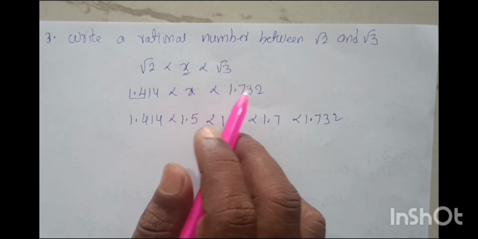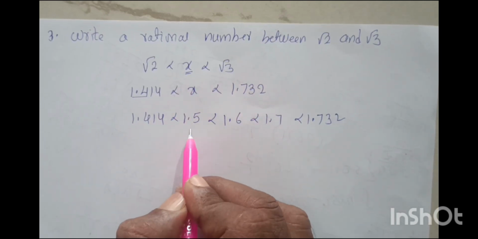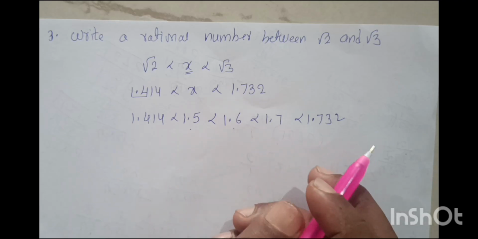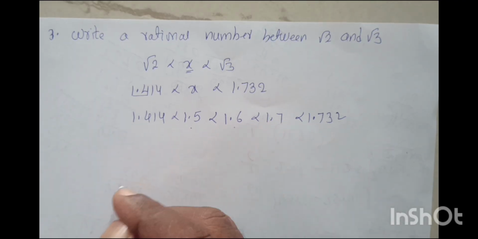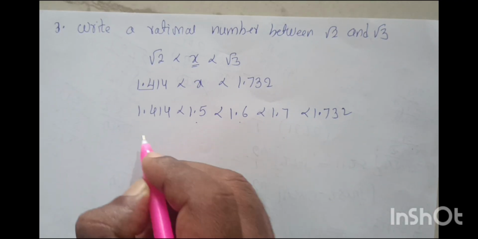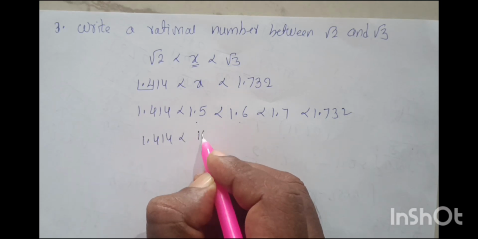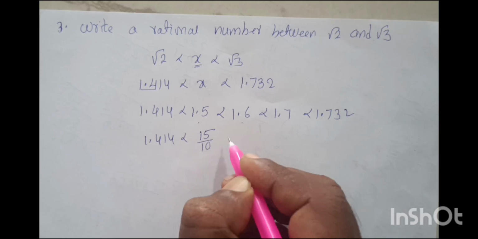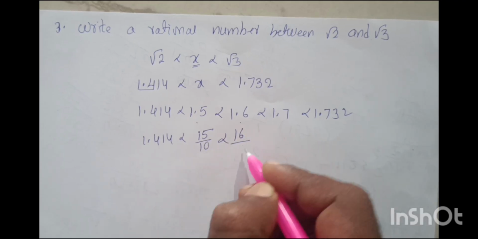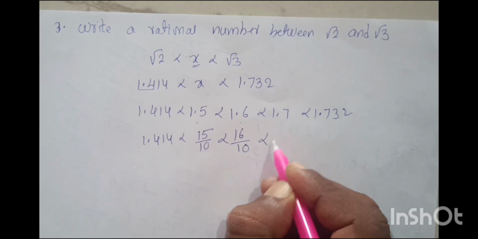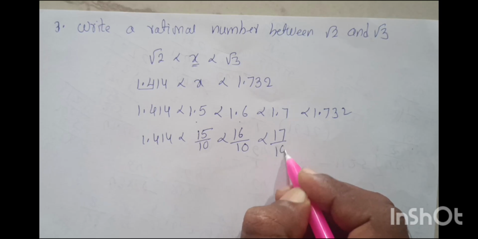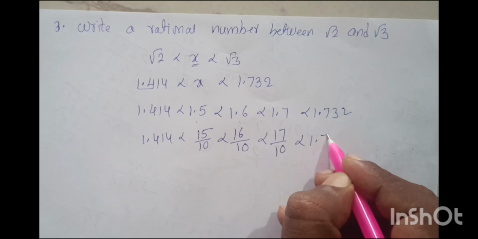That means between √2 and √3 lie 1.5, 1.6 and 1.7. Now convert the decimals into fractions: 1.5 is 15/10, 1.6 is 16/10, and 1.7 is 17/10, which is less than 1.732.